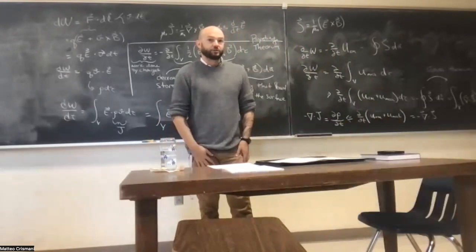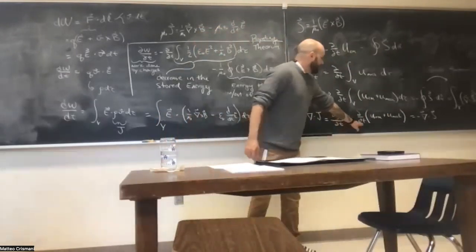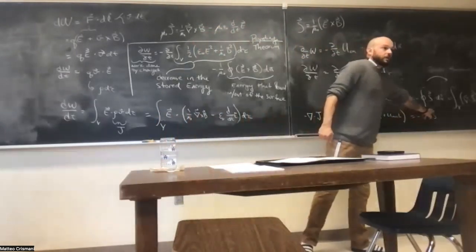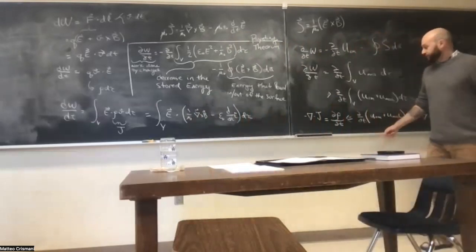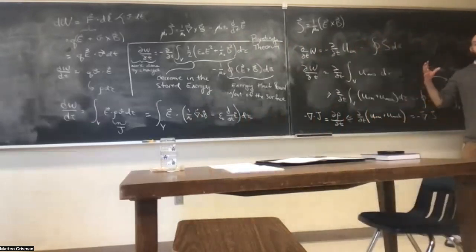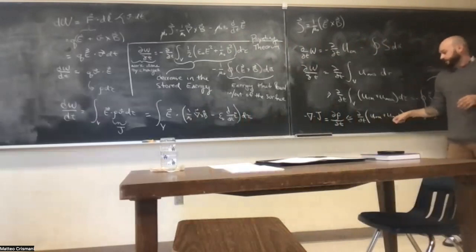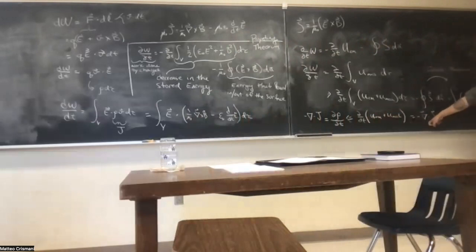This is the analogy that I was trying to make. So here you have the energy equation talking about how the rate of change of energy in an area or volume is going between the field and the mechanical energy of the particles due to the presence of Poynting flux.